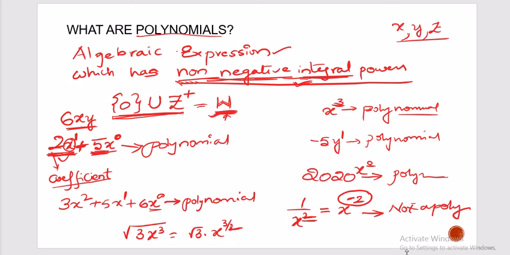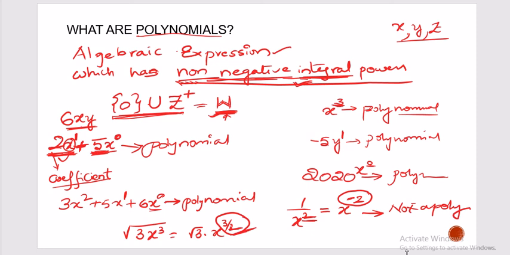Now if you observe this x power 3 by 2, 3 by 2 is nothing but a rational number, but a rational number does not belong to the set of whole numbers, because the set of whole numbers is a subset of rational numbers, but rational numbers are not a subset of whole numbers. So 3 by 2 does not belong to the set of whole numbers. So clearly this contains a rational exponent.